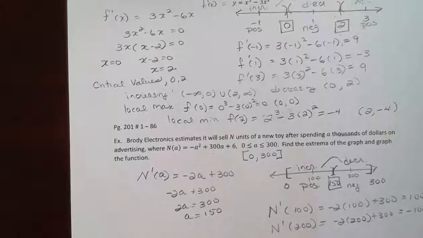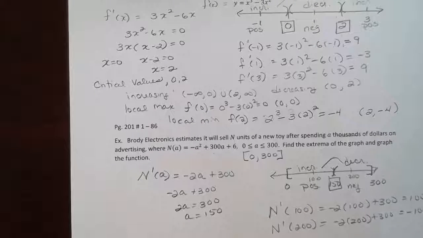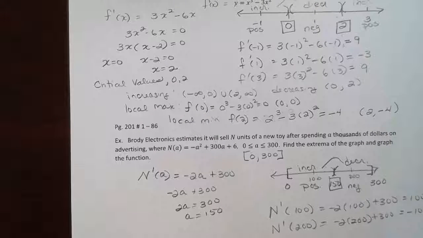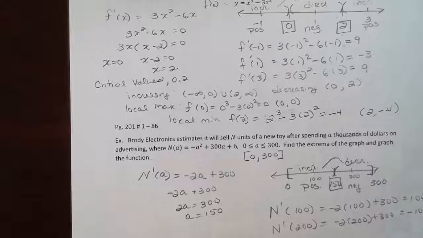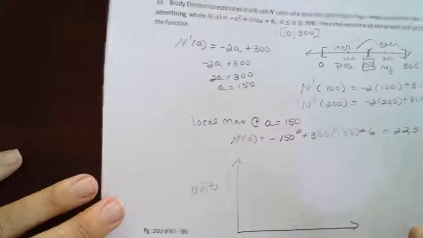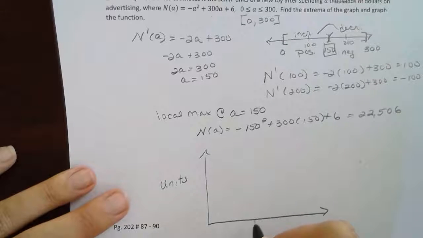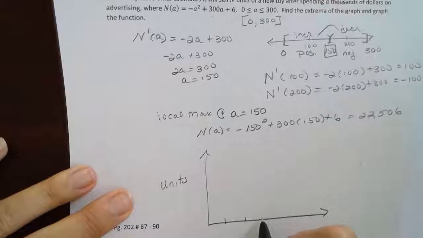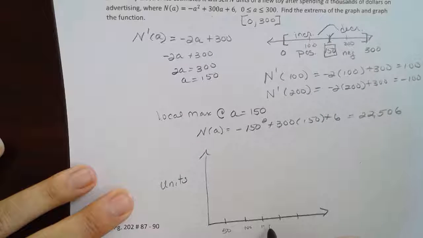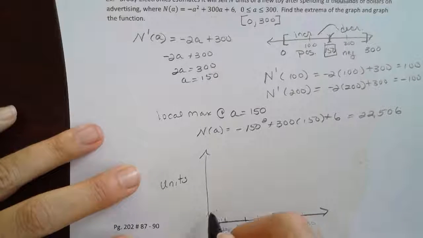All right, so then let's go ahead and graph. Okay, this is dollars. This is units. We're going to count by 50s. And by 5,000s.